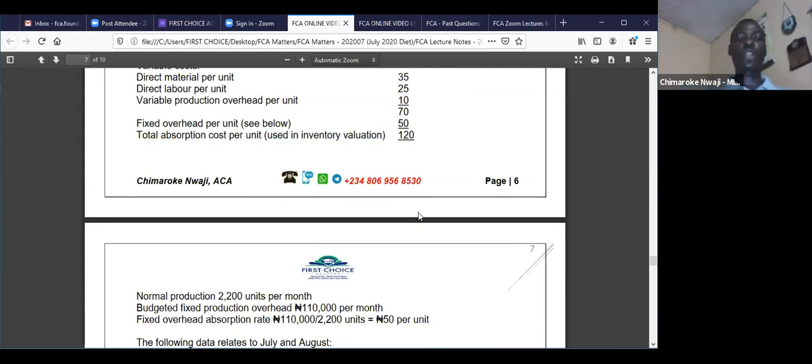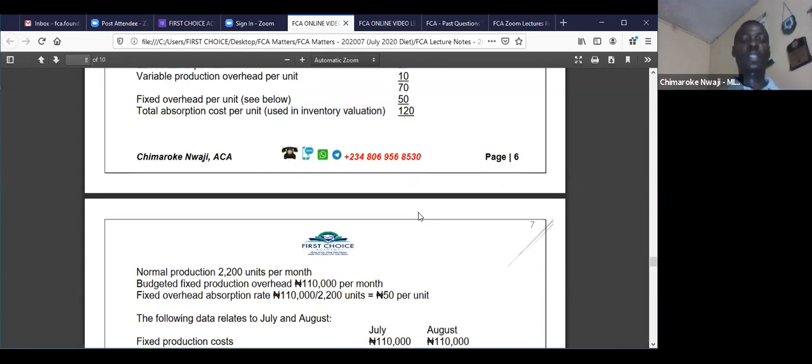Normal production is 2,200 units per month. So this is what they normally produce. Now look at the budgeted fixed production overhead, like we said before in that other question, is 110,000 naira per month.